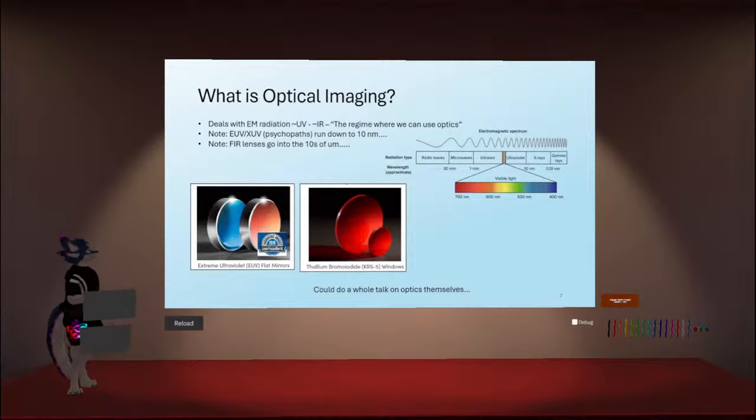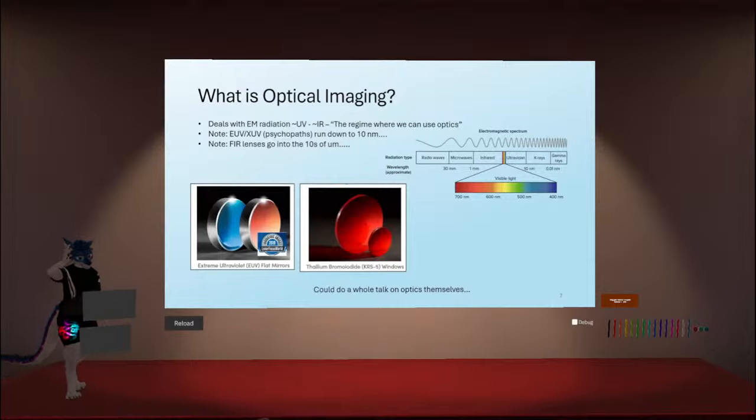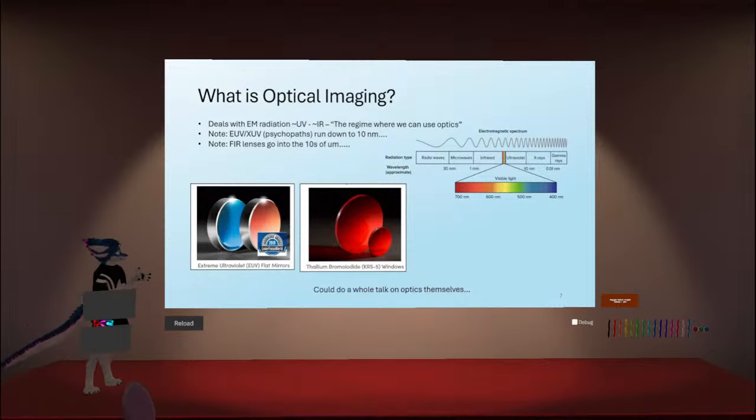We've got to define some things here. What is optical imaging? I'm going to be very, very high level with this. I'm going to say it deals with EM radiation, generally in the UV to IR, though those ranges are not very well defined. But realistically, I would say optics are anything that we're going to do with standard things that look like optics, lenses, mirrors, these kinds of things.